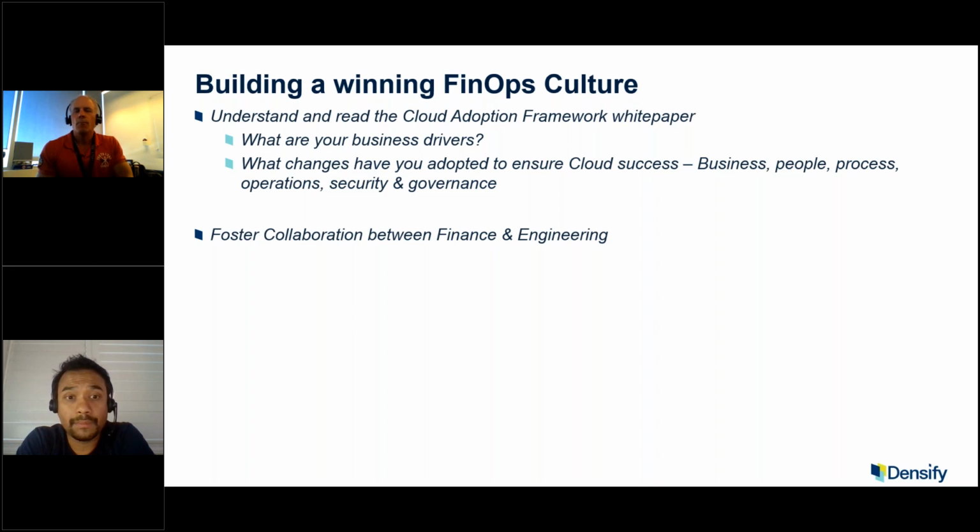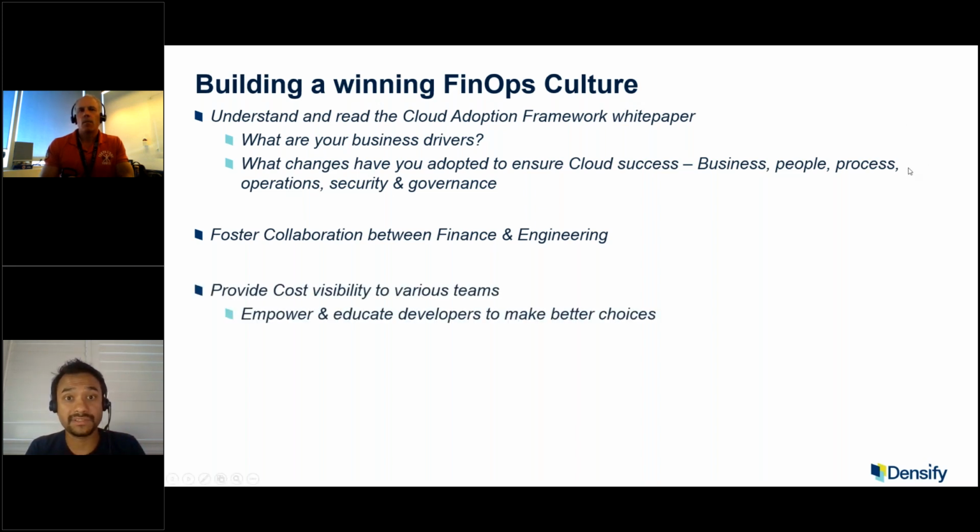The other thing that we talk about with customers, and it was a great conversation I had with some prospects, was how closely your finance and engineering folks collaborate. Is finance aware of your plans to shut down resources, or are engineers aware of your rising cost? There needs to be a very close feedback loop between these two organizations in this new reality. You also want to empower the people who are actually provisioning these resources to understand the cost of their decisions.